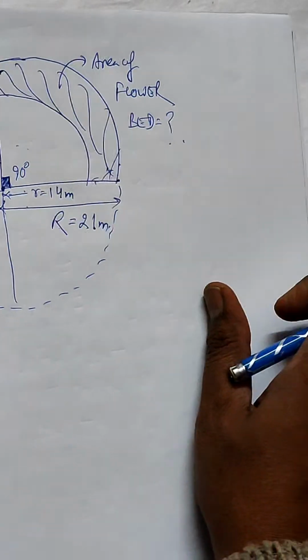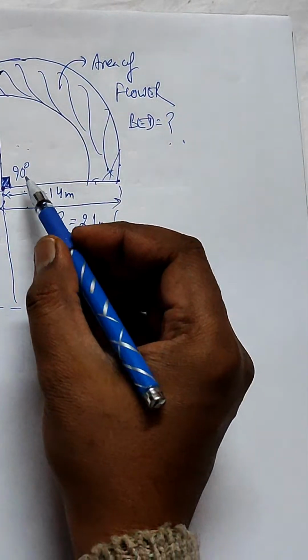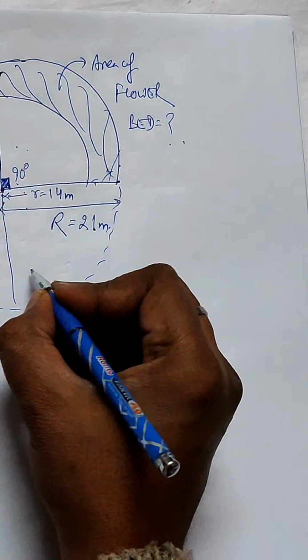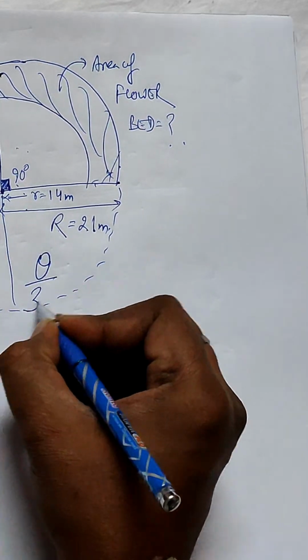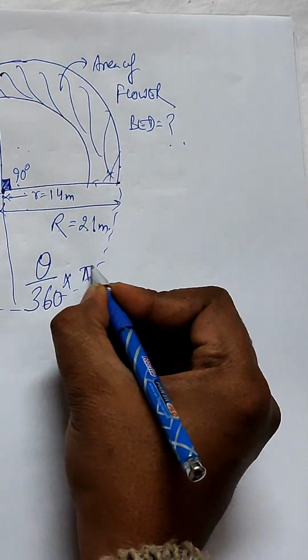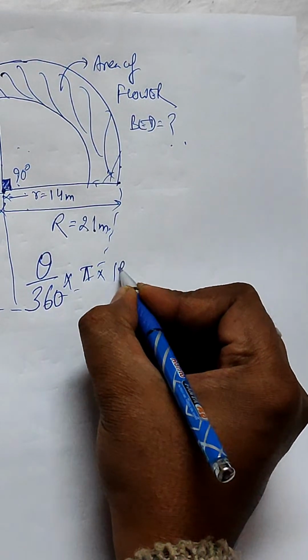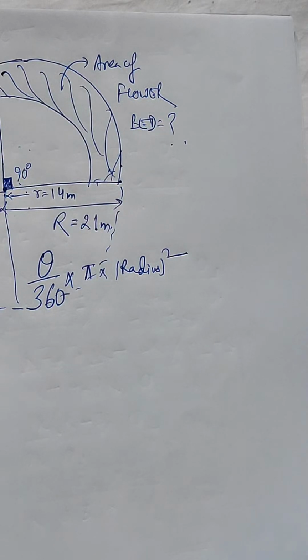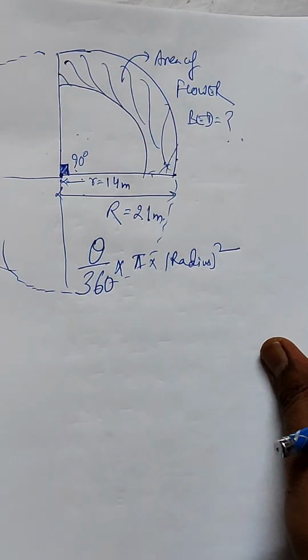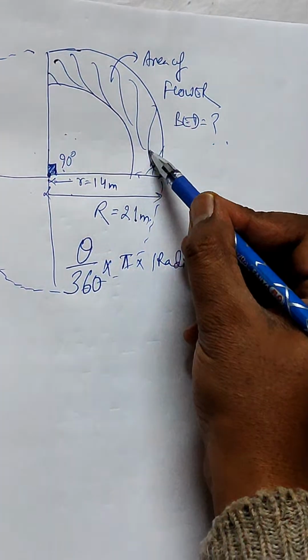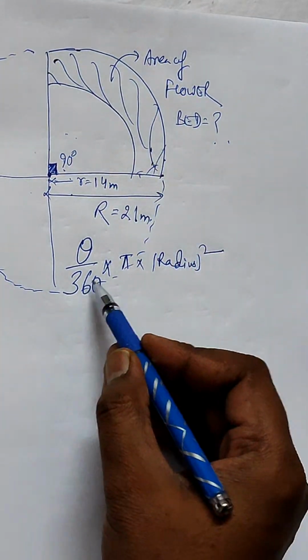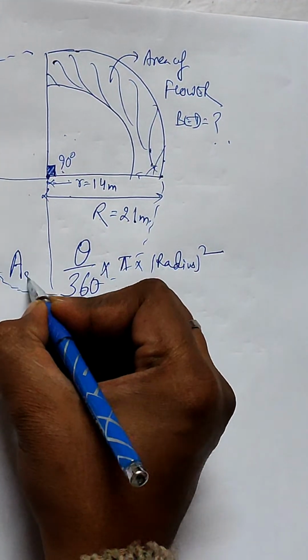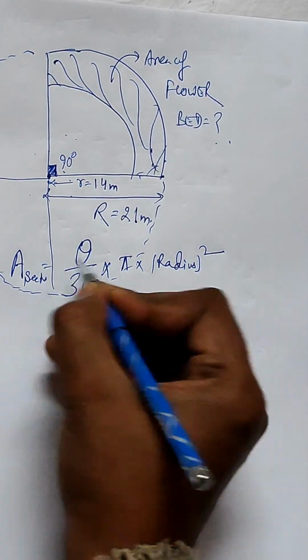And what is the area of the sector? The area of the sector is theta by 360 into pi into radius squared, right?